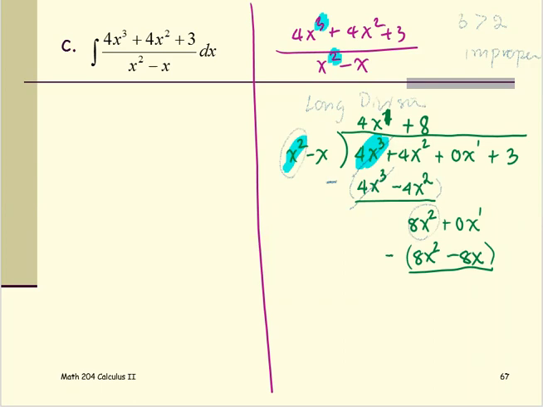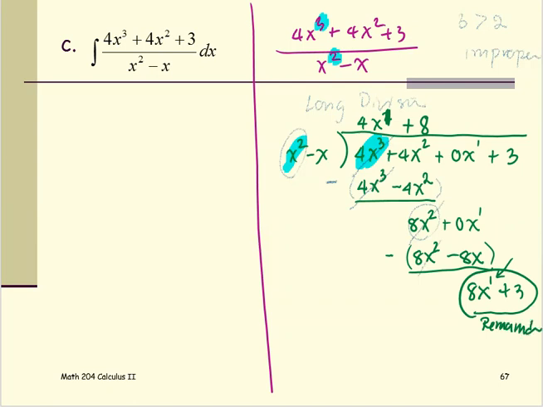When you do this, the 8x squared will be gone. The next 0 minus negative 8x gives us positive 8x, and then plus 3. We bring the next term down. At this step, you have 8x to the first power. The power 1 is lower than the power 2, so this one is called the remainder.